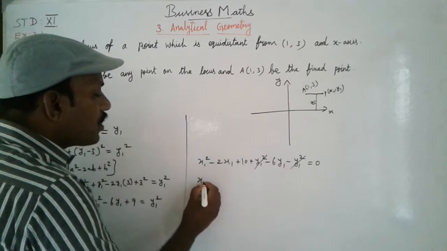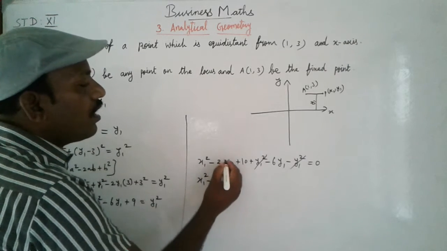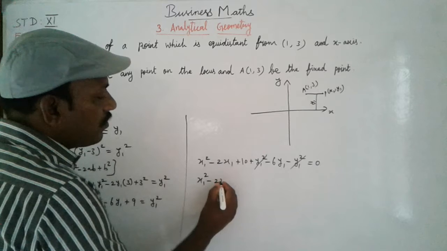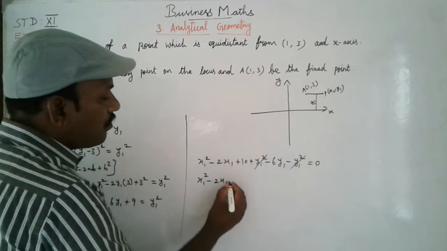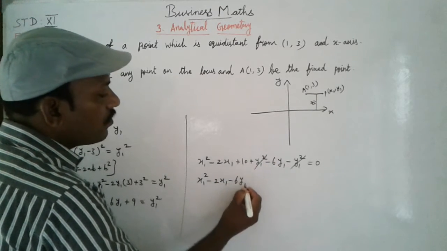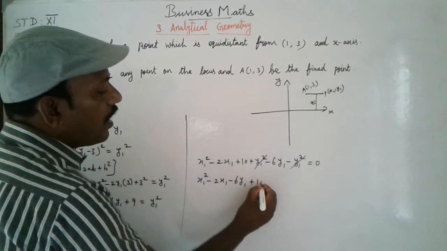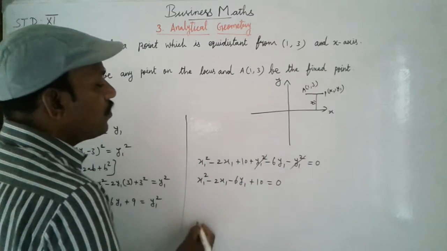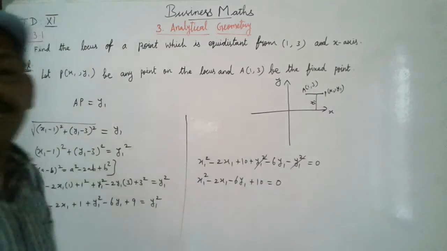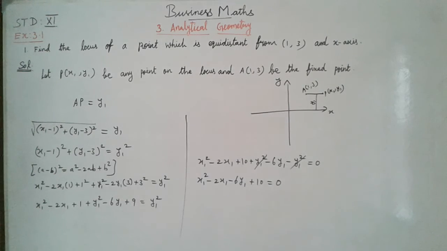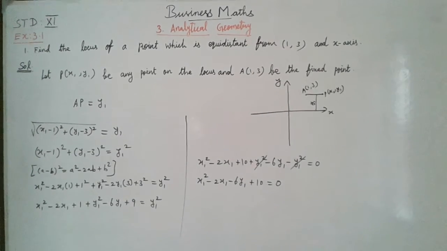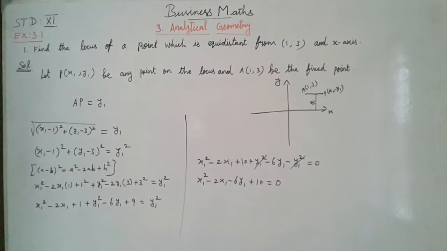So x1 square minus 2x1, next y1 terms minus 6y1 plus 10 equal to 0. That's all. Locus of x1 comma y1 is x square minus 2x minus 6y plus 10 equal to 0.